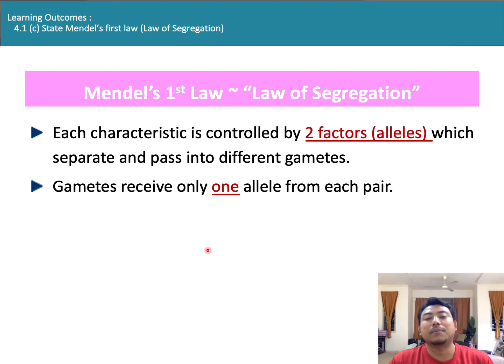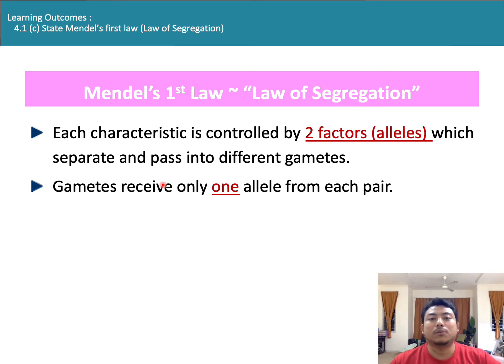Okay, so that's why Mendel comes to his first law. This slide is very important, which is Mendel's first law. It tells you about the law of segregation. Segregation means separate. What is being separated? Let's see. Each characteristic is controlled by two factors or alleles, which are separated, segregated, and passed into different gametes.